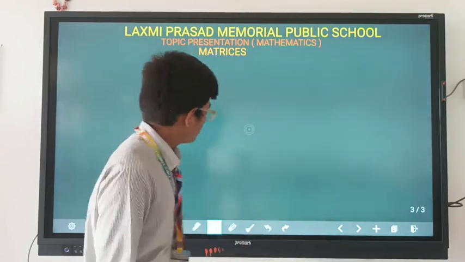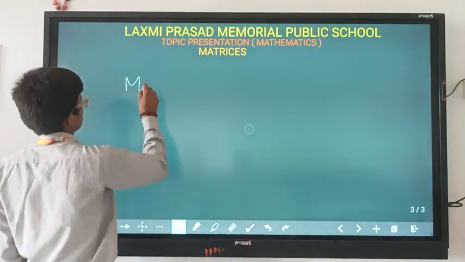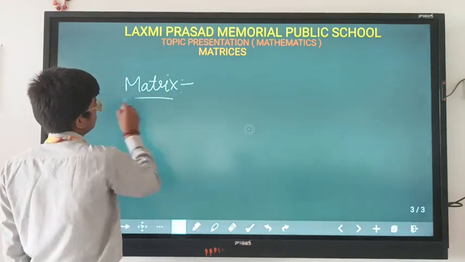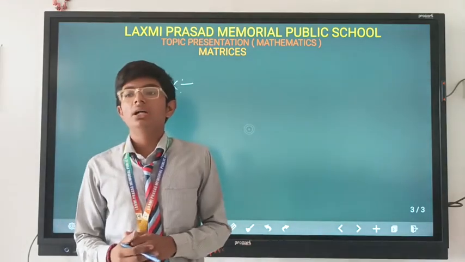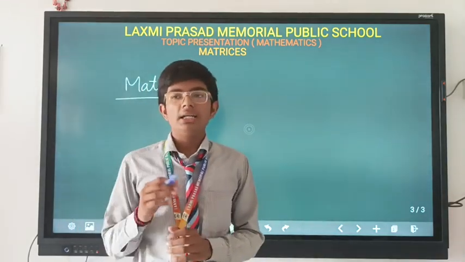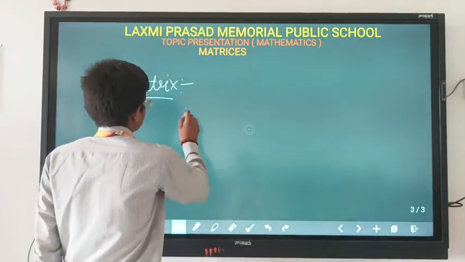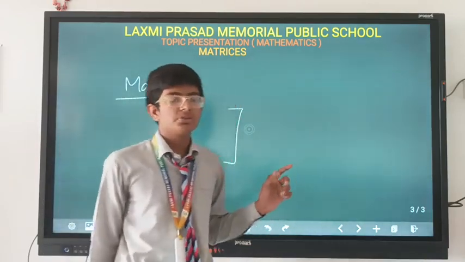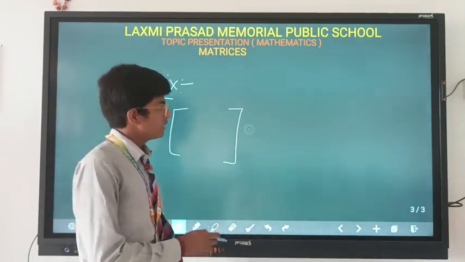So first of all, the question will arise: what is a matrix? A matrix is nothing but an ordered rectangular array of numbers or functions. It is demonstrated by a square bracket and all the entries in it.